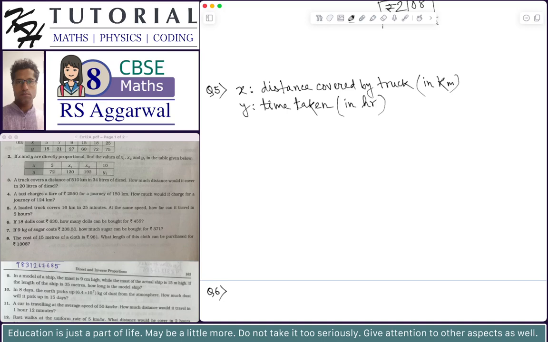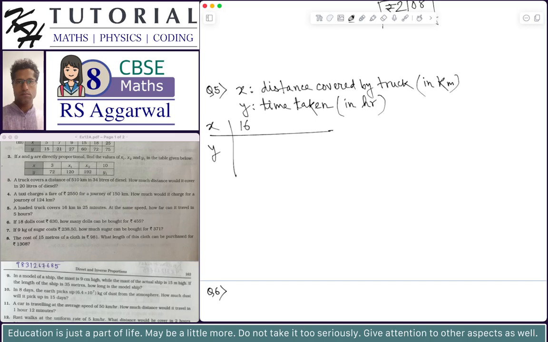Now remember, while creating the table, you should be very careful in converting the given values as per the unit. So x is in kilometer and y is in hour. The first data from the problem is that a loaded truck covers 16 kilometers in 25 minutes. For the x value, it is 16, which is already in kilometer, but the time 25 minutes has to be converted into hour, because we assumed that y is in hours.